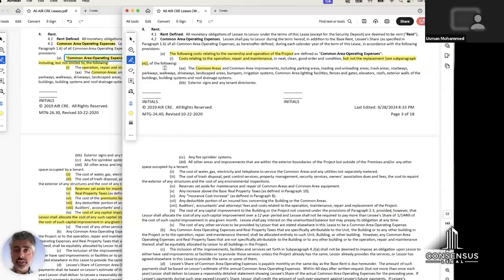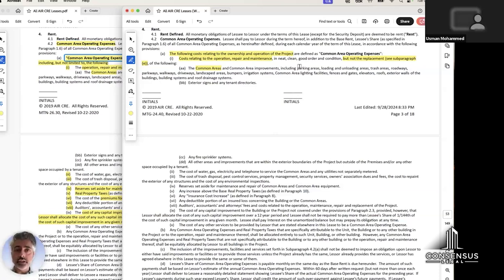Most lawyers that use the AIR CRE contracts don't know this distinction. In the gross lease, lessors cannot pass through the cost of replacement of the common areas. So that roof replacement that we've talked about, lessor cannot pass that through to lessee under the gross lease.